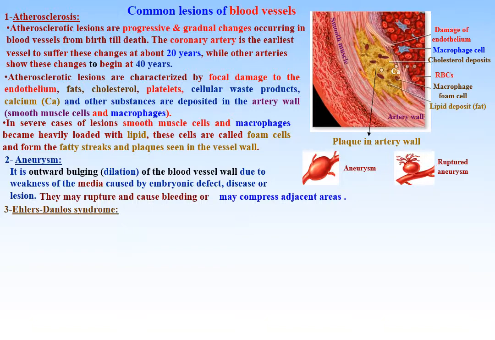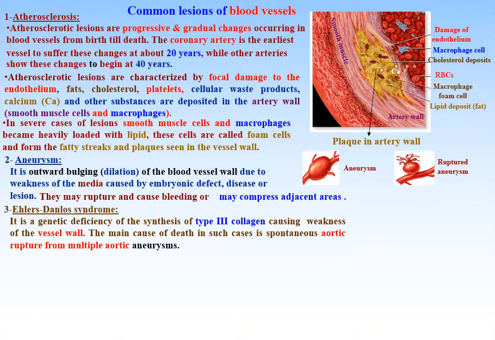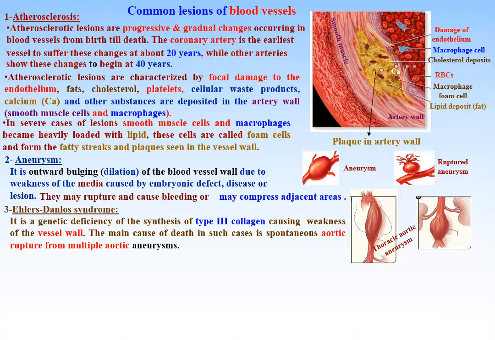Ehlers-Danlos syndrome: it is a genetic deficiency of the synthesis of type 3 collagen, causing weakness of the vessel wall. The main cause of death in such cases is spontaneous aortic rupture from multiple aortic aneurysms.